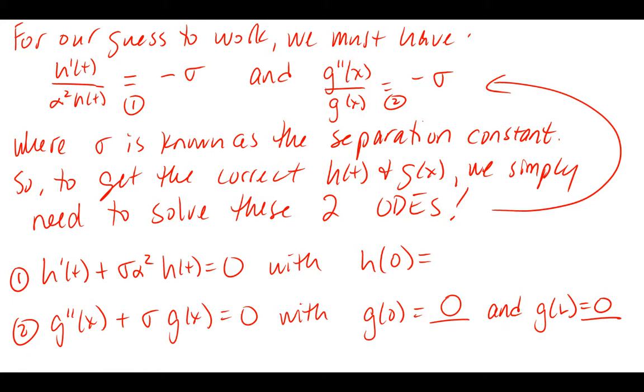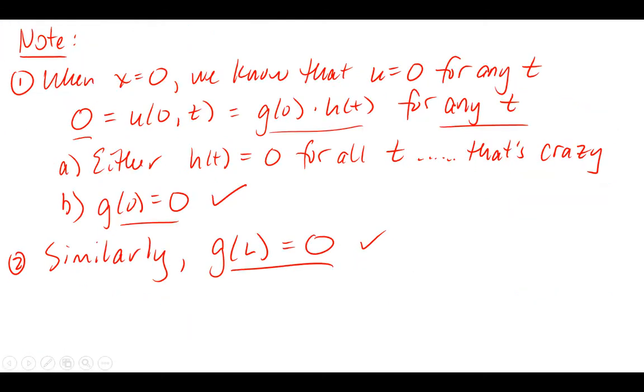So maybe let's do that. We'll come back, I'll fill in the h of 0 situation. So what do we think? Let's pull apart 2 then, and focus on that one, since we've got our initial conditions.